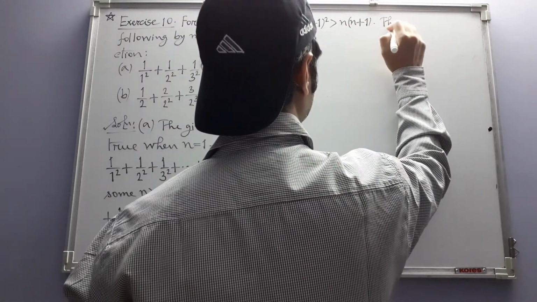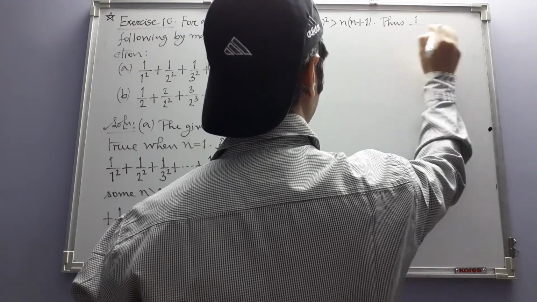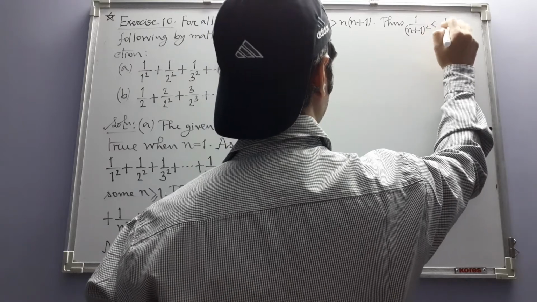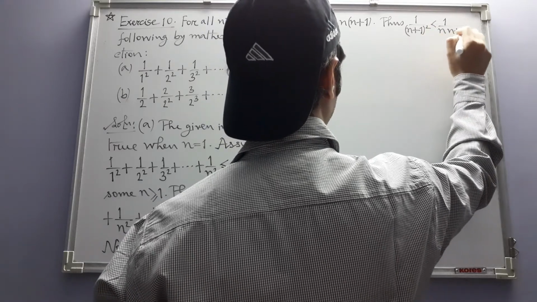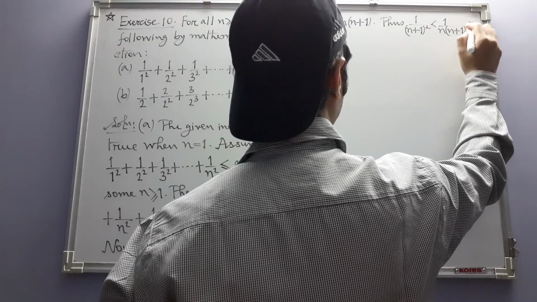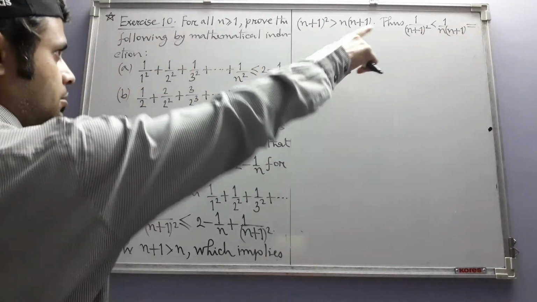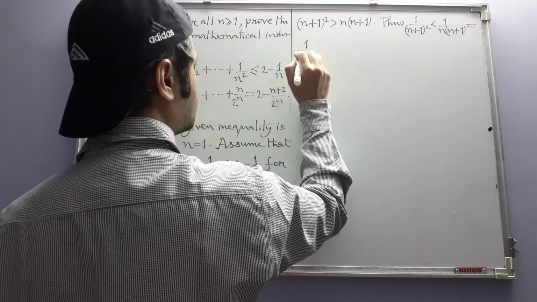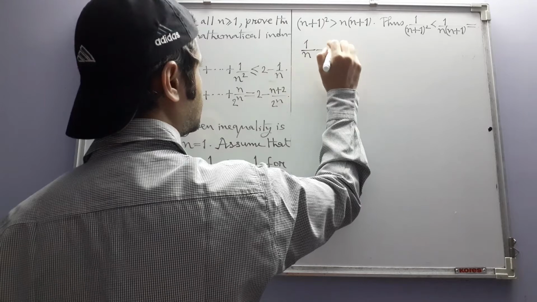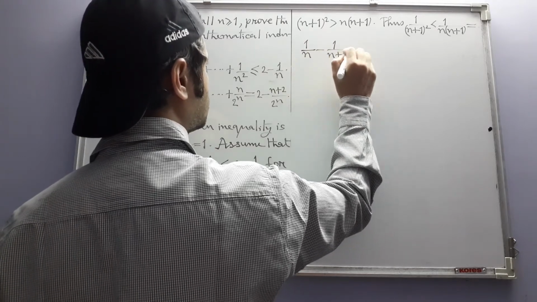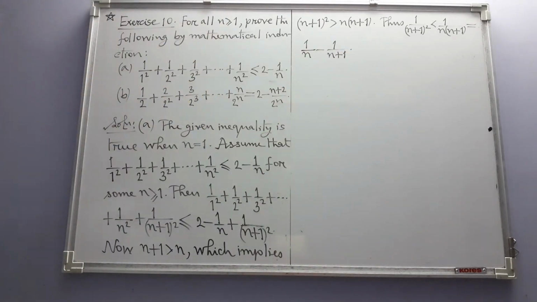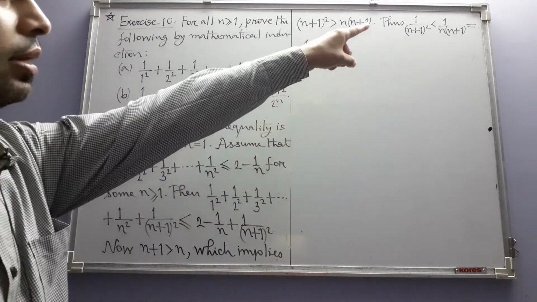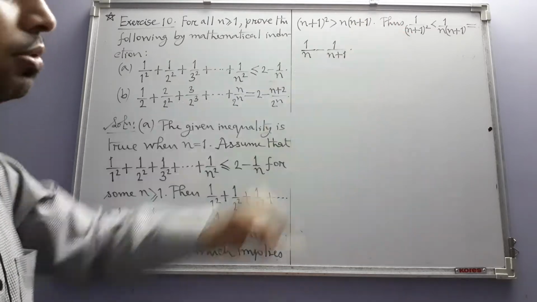Thus 1 over n plus 1 whole square is less than 1 over this, and this term is equal to, if you look carefully, 1 over n minus 1 over n plus 1. If you take LCM and then do all the calculations, you will end up with 1 over n times n plus 1.